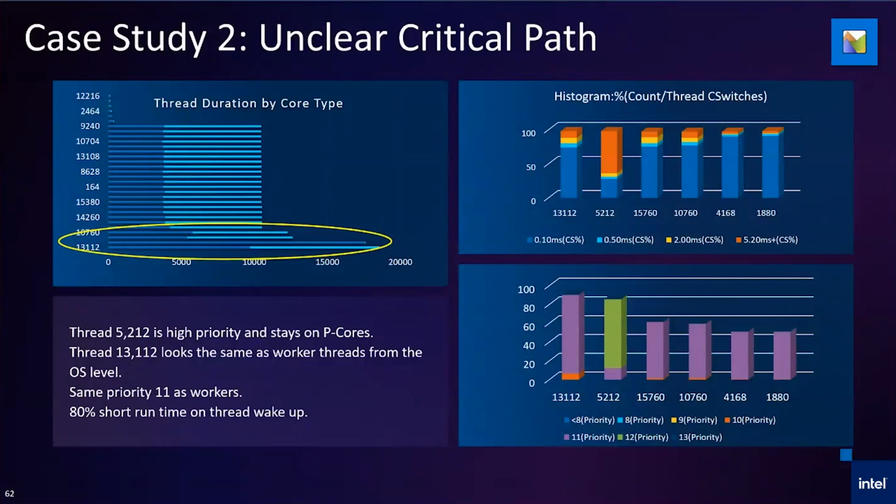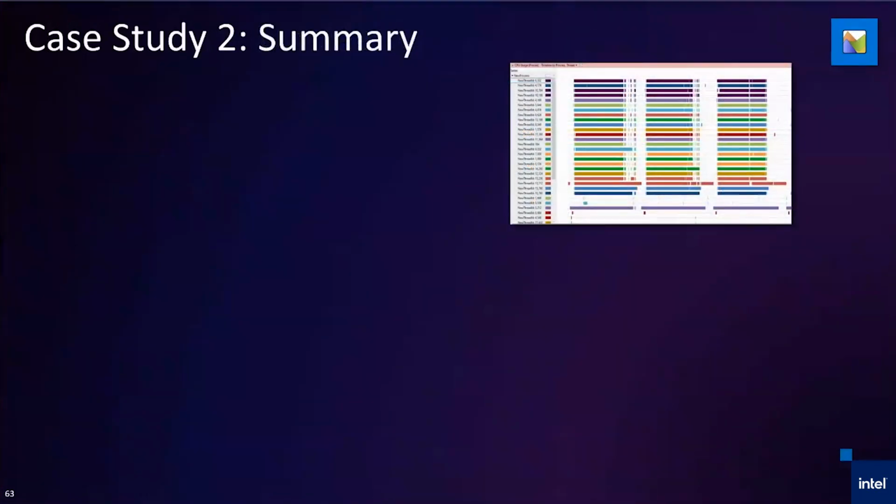But the thread that spends the most time running during the application is priority 11, the same as the worker threads. When it's running, it runs lots and lots of short duration tasks, very much like the worker pool threads do. So from an OS point of view, you can't tell them apart.